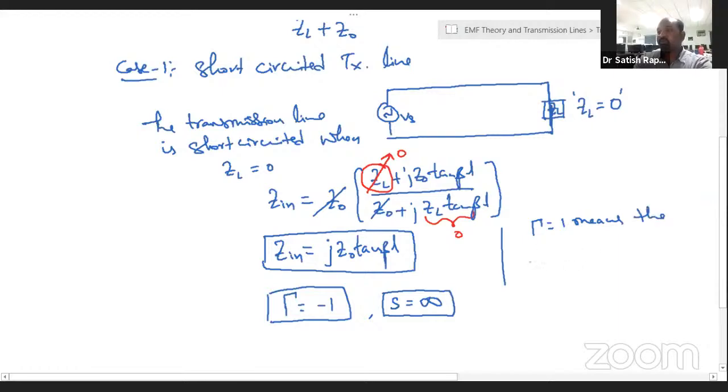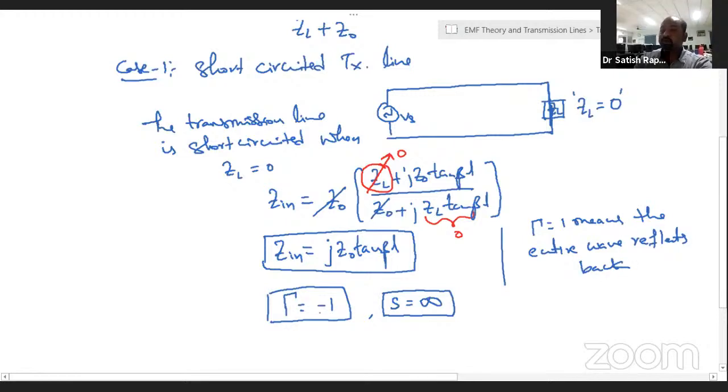I'm using the word wave here; it may be voltage or it may be current, whatever it may be. So when the reflection coefficient magnitude is 1, the entire wave reflects back.